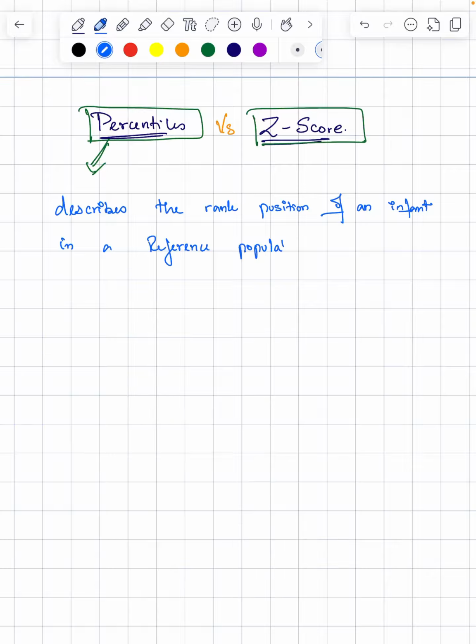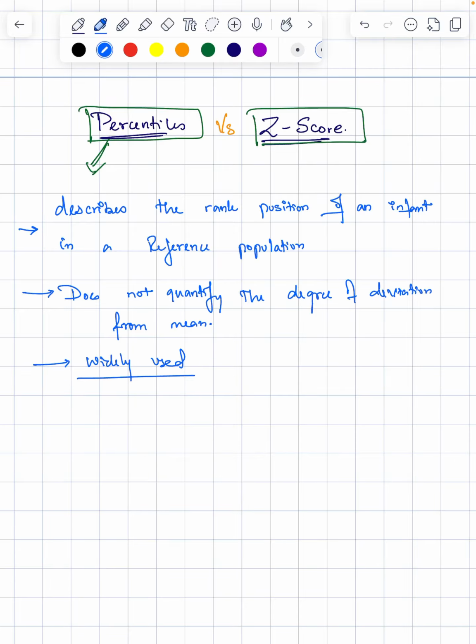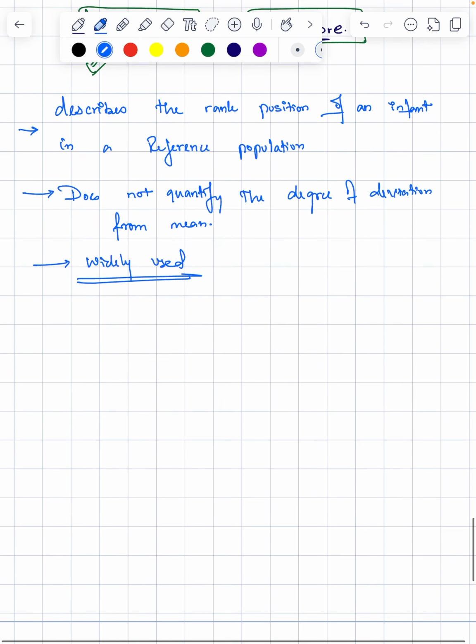This does not quantify the degree of deviation from the mean, and percentile charts are widely used compared to Z-score.